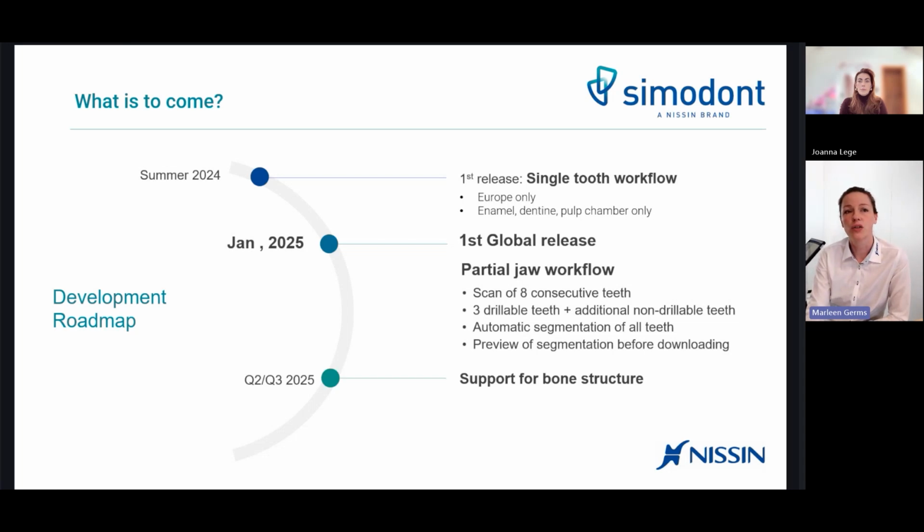If we are looking into the future, at this moment we are working on recognizing the bone structure from a scan. This would give a lot of opportunities for implant procedures. Not only the bone, but also the 2 layers within the bone and the nerve canal will be isolated from the scan.